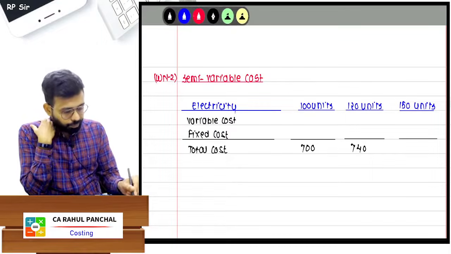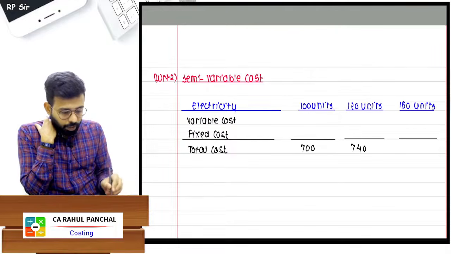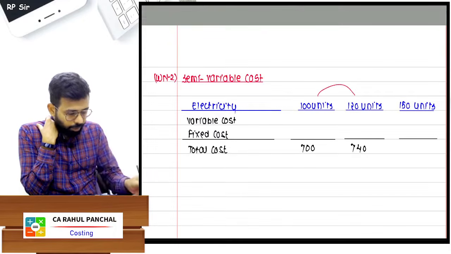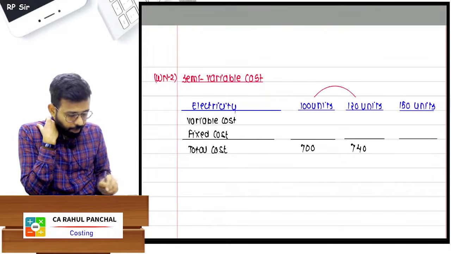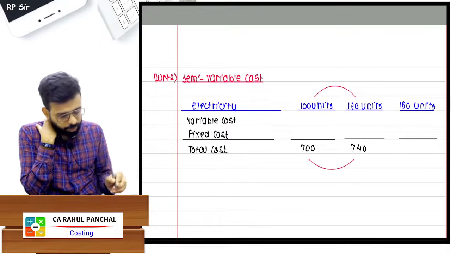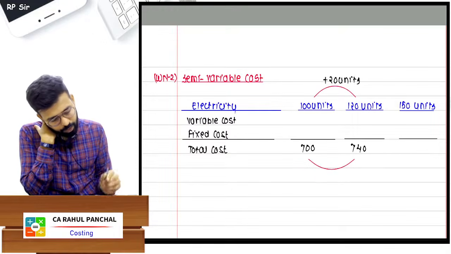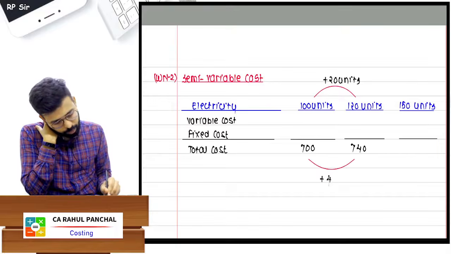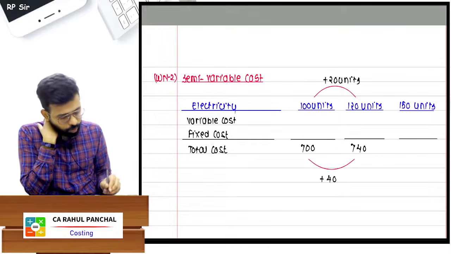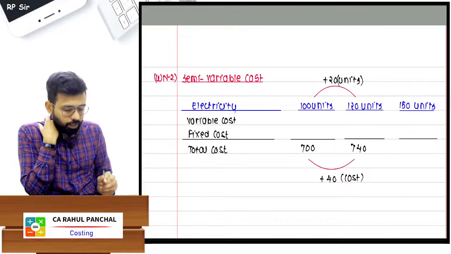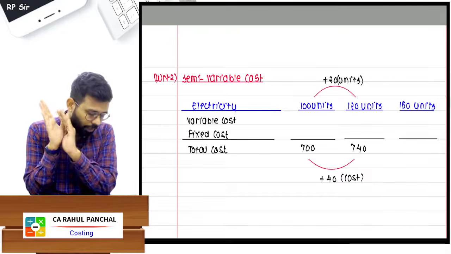Now, if there is increase in quantity by 20 units, your cost has increased by 40 rupees.